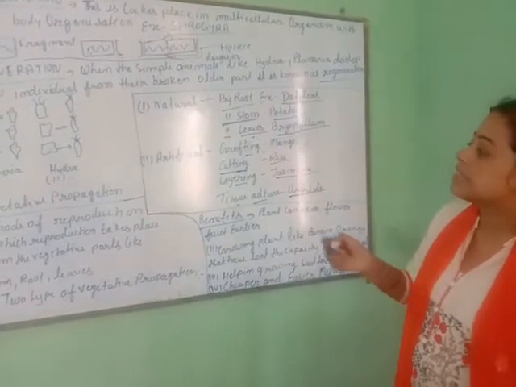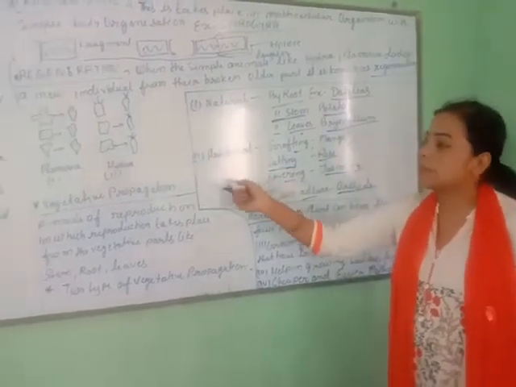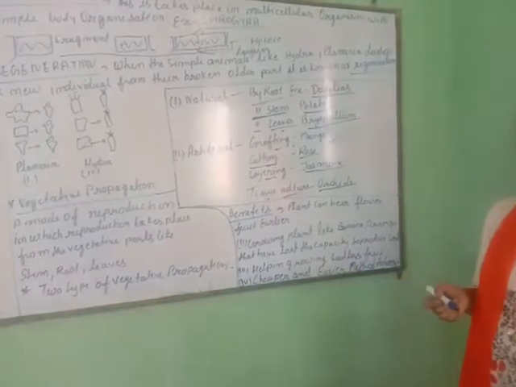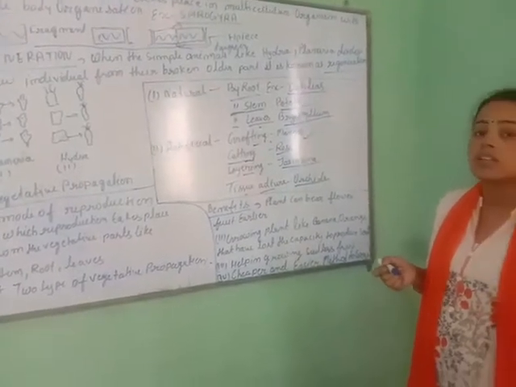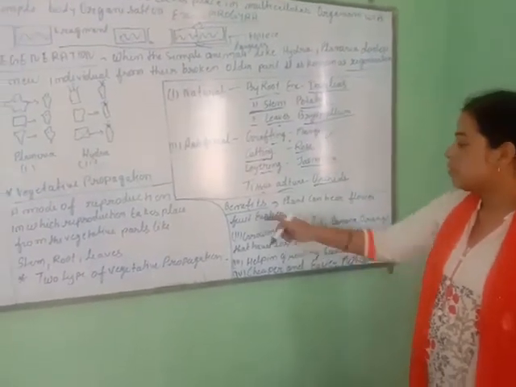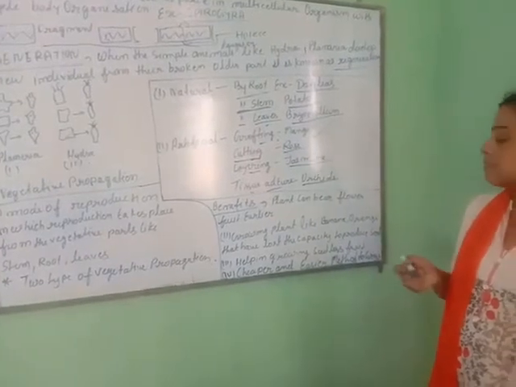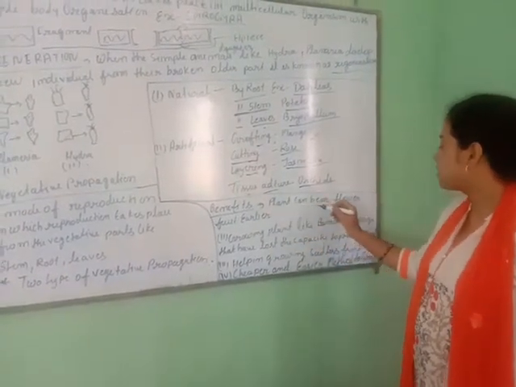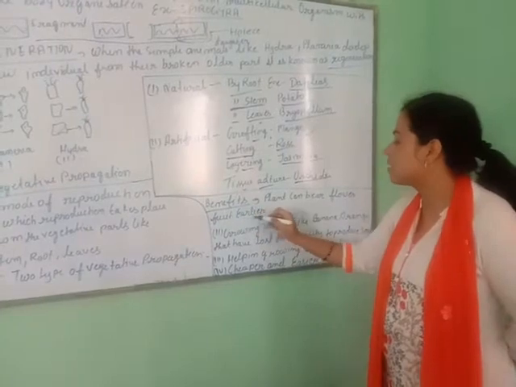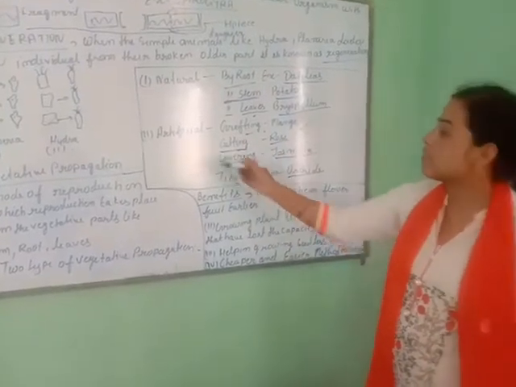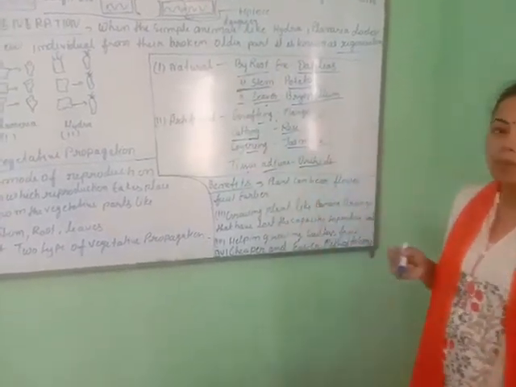In vegetative propagation, some importance and benefits are also seen. What benefits are gained? First, plants can bear flowers and fruit earlier in artificial or natural vegetative propagation.